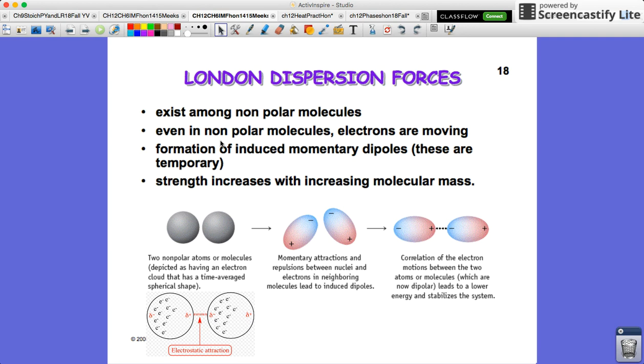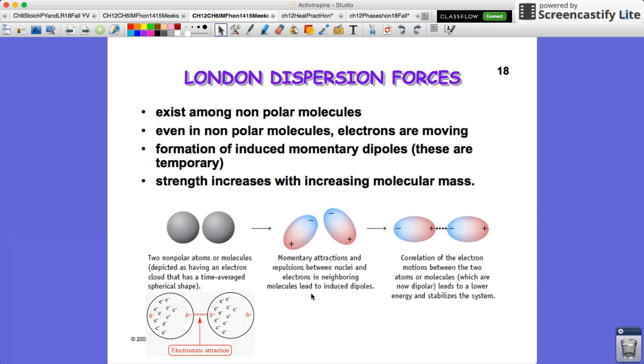So the bigger the electron cloud, the more lopsided it can get, and the stronger the London dispersion forces can get. So if you picture two atoms, when they're completely symmetrical with their electron distribution, you've got no interaction. However, if they get lopsided at some point, you end up with a partial negative charge on one end and a partial positive charge on the other, and that can draw electrons from a nearby atom closer to that partial positive charge, thus making a dipole over here.